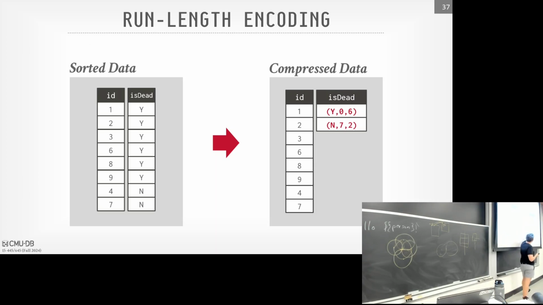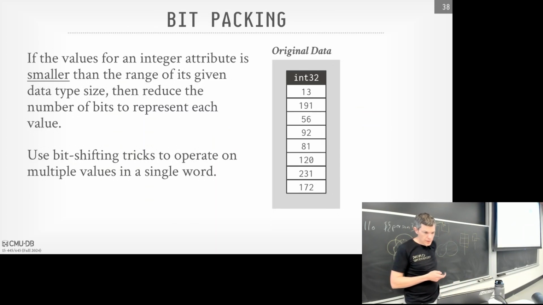You'd have to go through and use the triplets to decide, if I materialized this, if I expanded it out, the tuple I want would be at what offset? You basically treat the RLE as a log to go back to the original form. But you want to avoid having to materialize all of the empty extra bits unnecessarily.